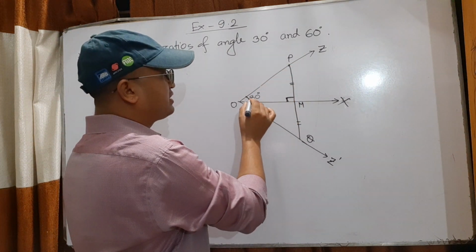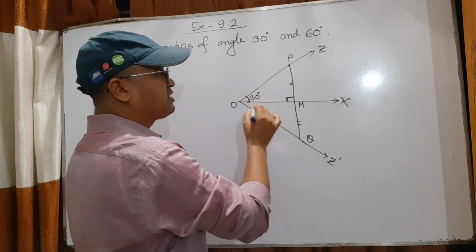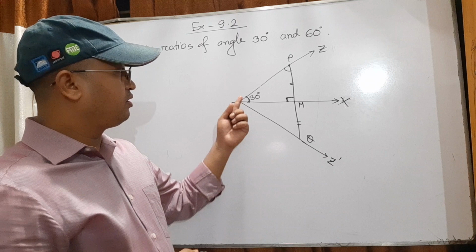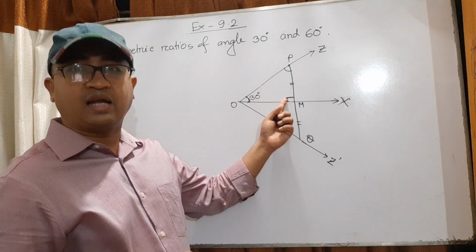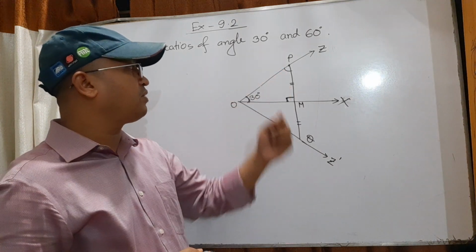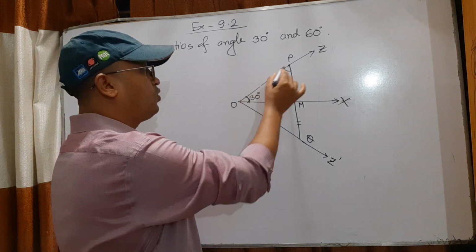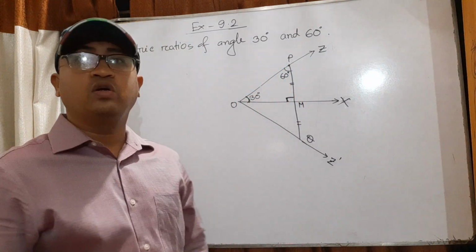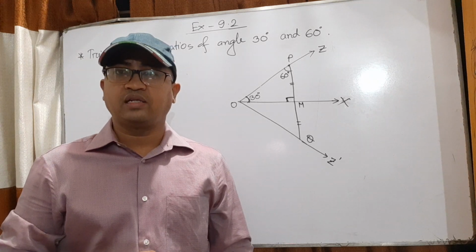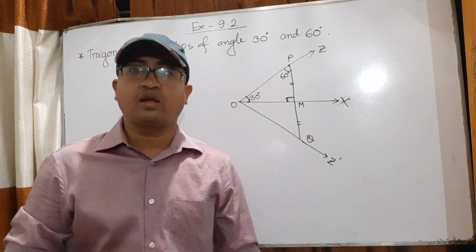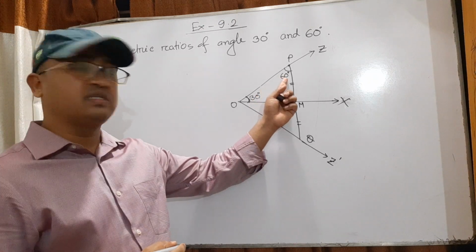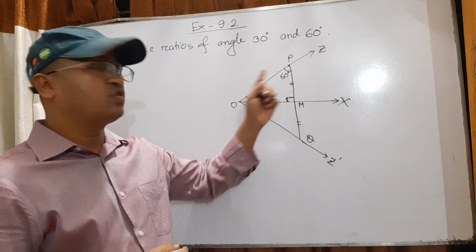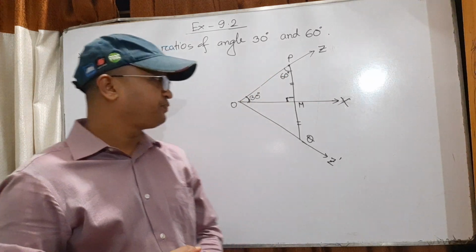So what will be the measure of OPM? Definitely it will be 60 degree, because the sum of three angles of a triangle must be 180 degree: 30 plus 60 is 90, plus 90 is 180 degree. So it must be 60 degree.